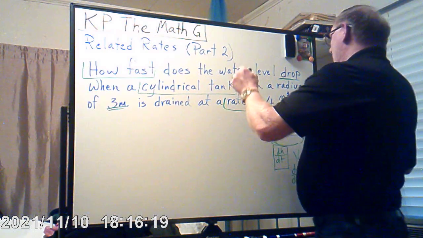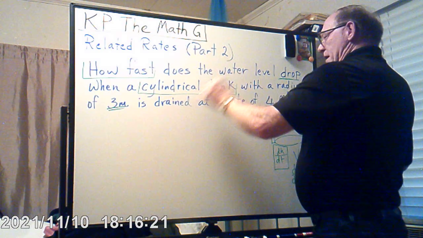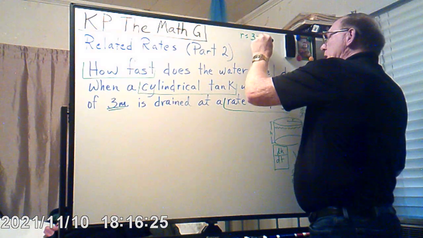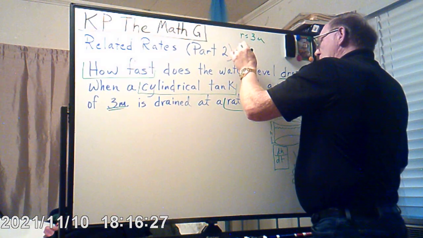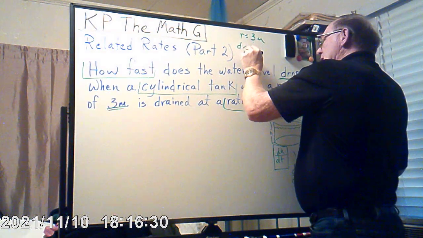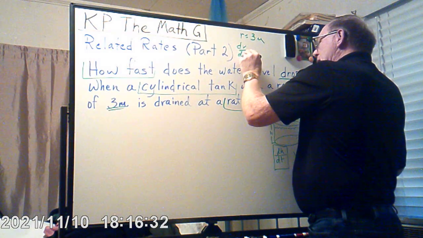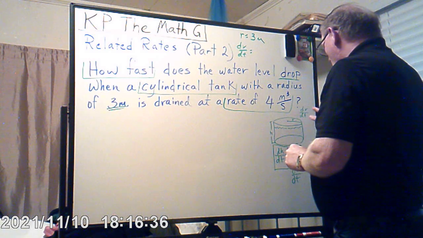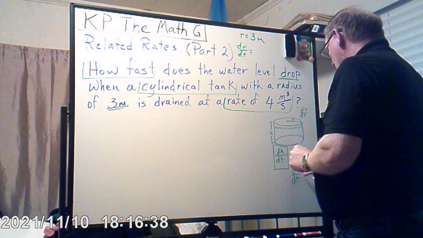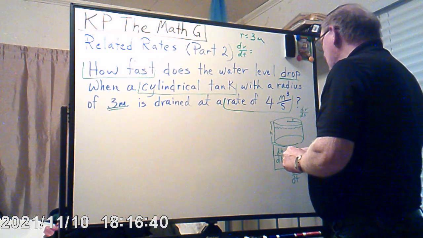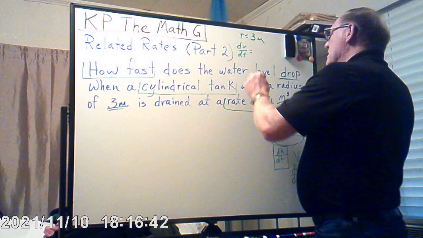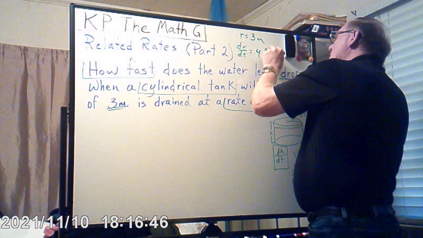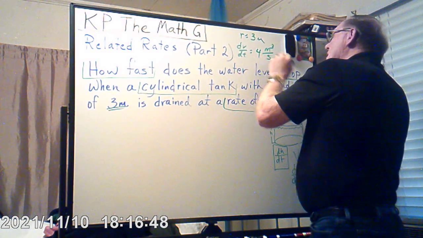So let's see, we have the radius already, which is 3 meters. We have dV over dt, that is going to be 4 cubic meters per second.